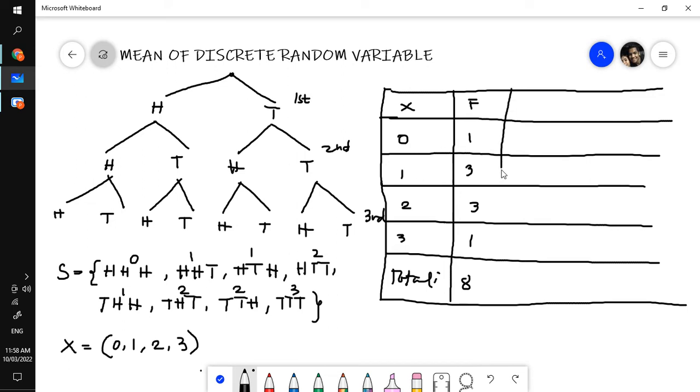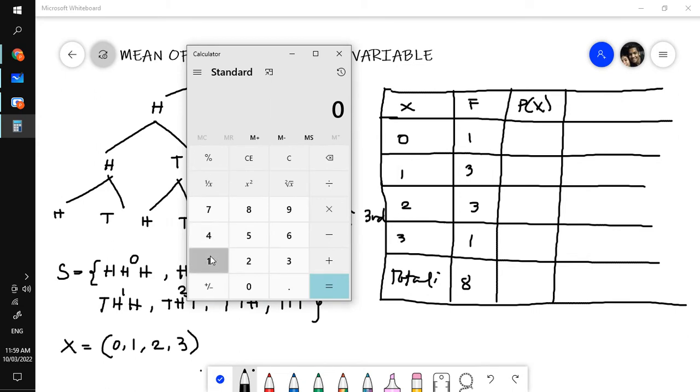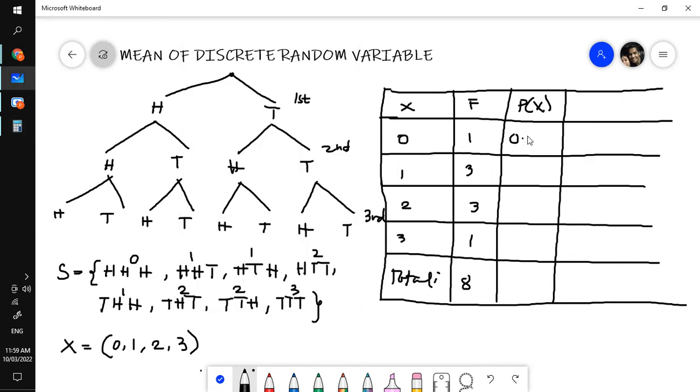After we get the total frequency, we will now proceed to the probability of each outcome. So to get the probability of each outcome, we just have to divide each frequency by the total frequency. So we'll be needing a calculator for that. We have 1 divided by 8, that's 0.125.